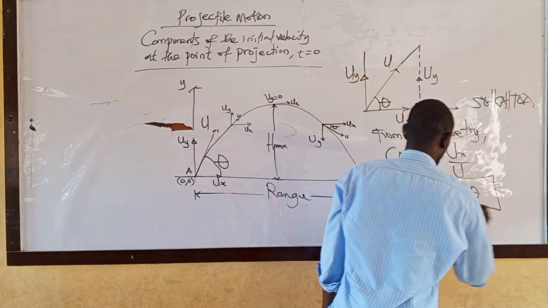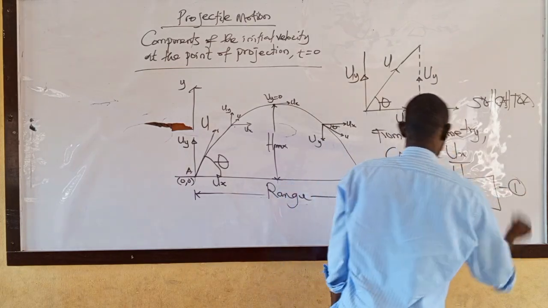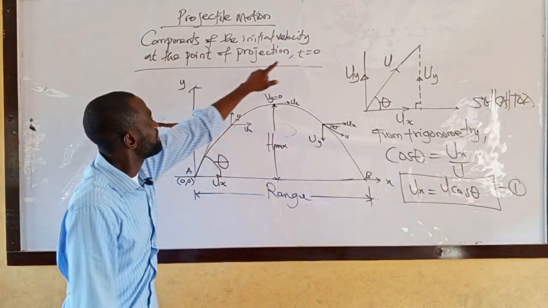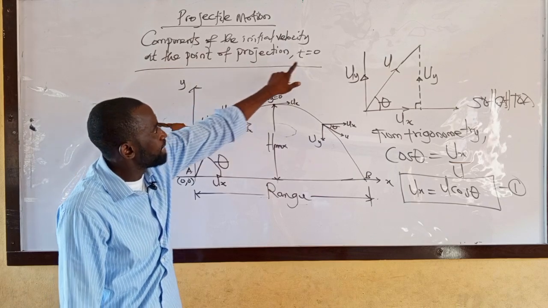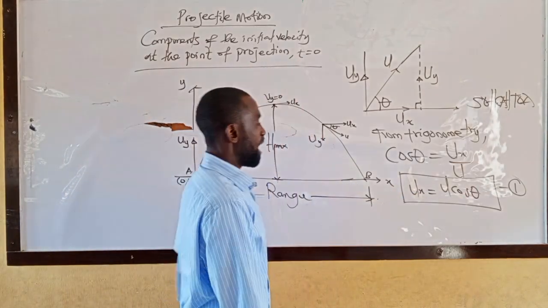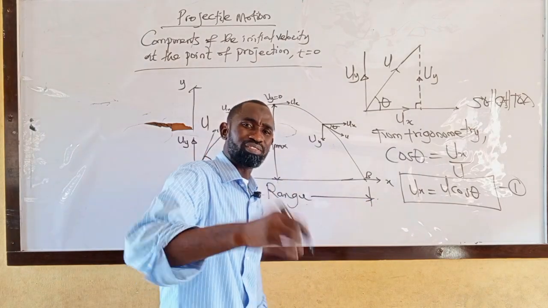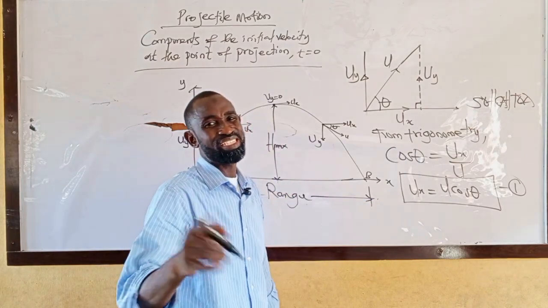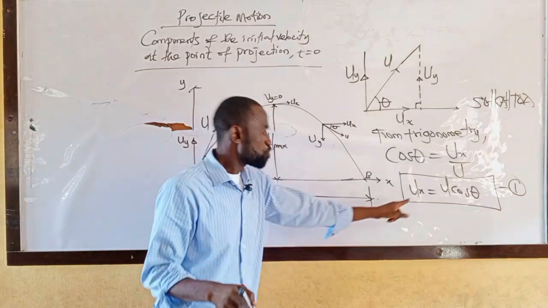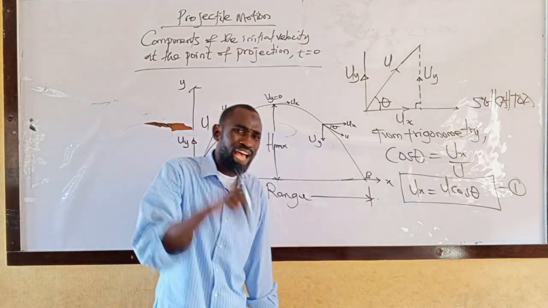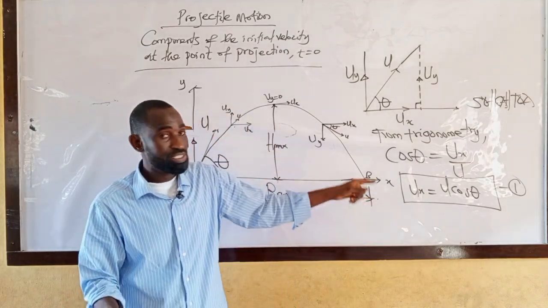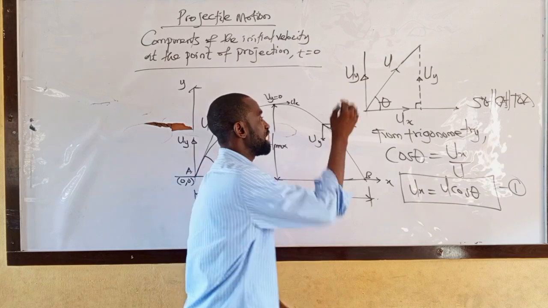This is equation 1. u of x at the point of projection, when t equals 0, is u cos theta, and u of x is the horizontal component of the initial velocity at time t equals 0.